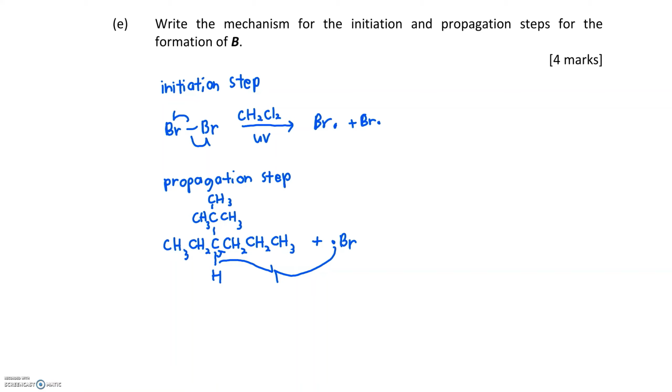We are using the carbon atom that will form the tertiary free radical. So this is the free radical that has been formed, and this is the HBr from this hydrogen and this bromine free radical.